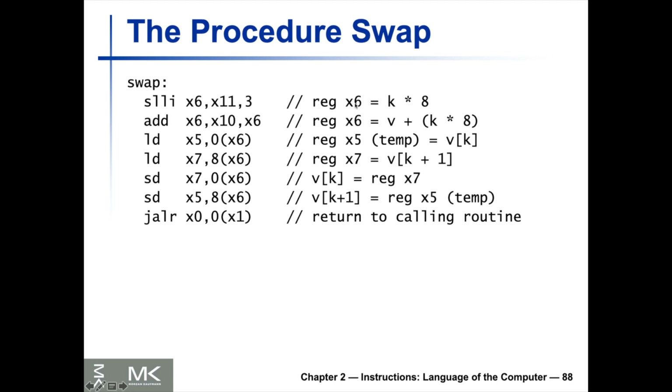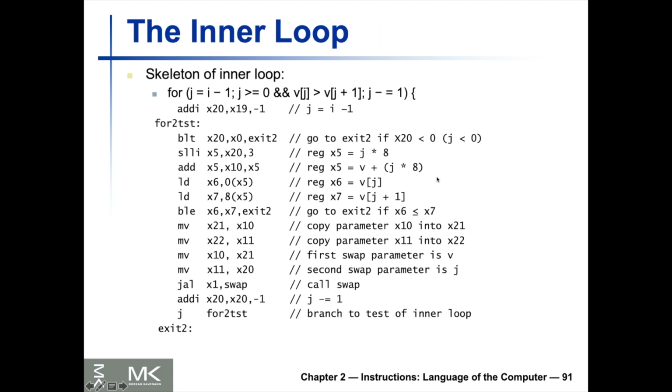So the first step also here was to get the address of v of k by multiplying k by 8, right? k shifted left by 3. We can represent 8 by a shift of 3, because 2 to the power of 3 is going to be 8, right? A shift of 3 is going to get the address of v of k, which was 8 for us. Was that clear? Yeah. Okay.